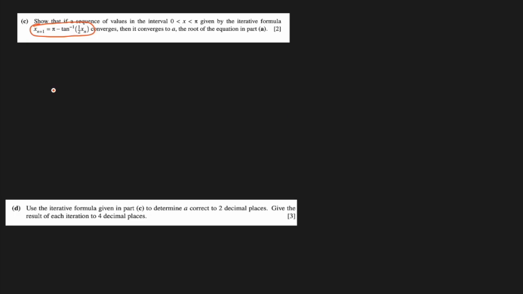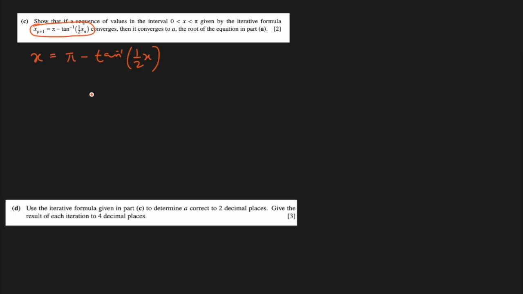So we want to convert this to the equation of part a. What do we do? n plus 1 and n we ignore and just write x for both. x equal to pi minus tan inverse half x. No n plus 1. And we should get back what is needed.